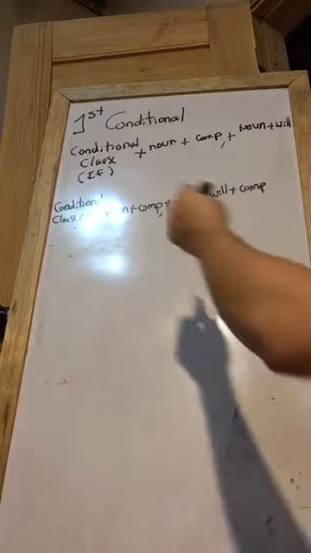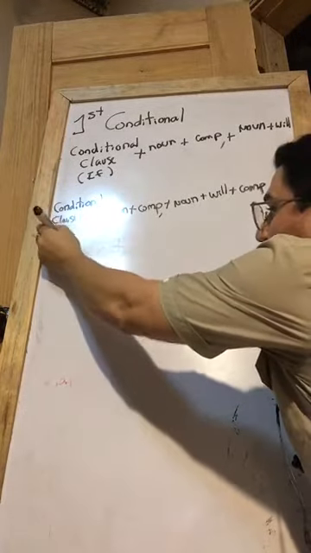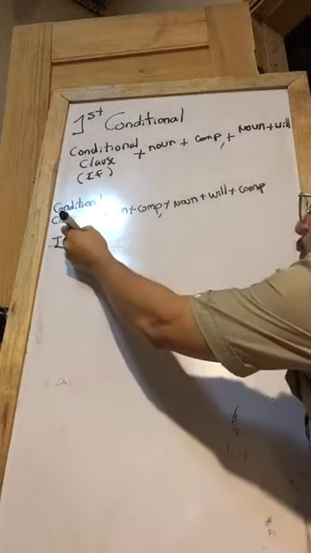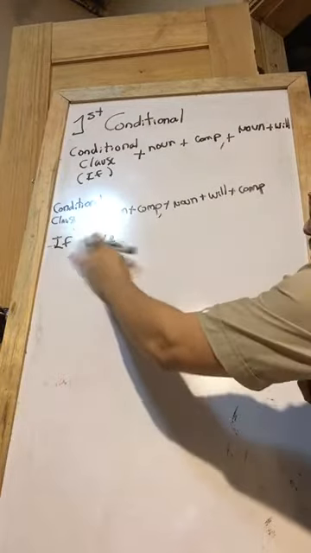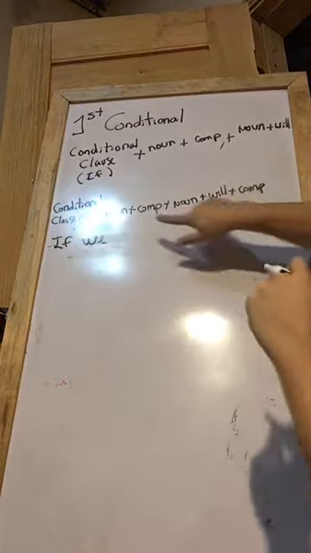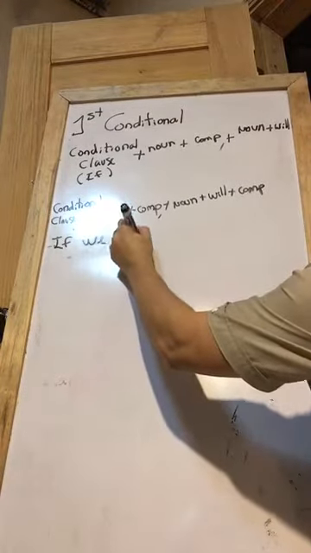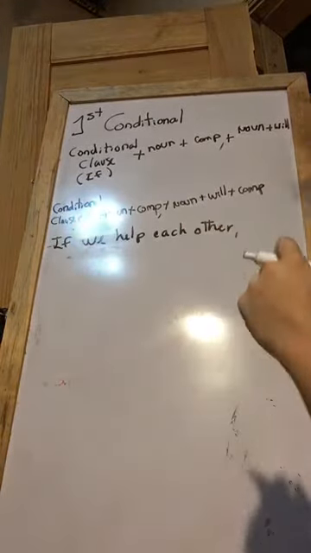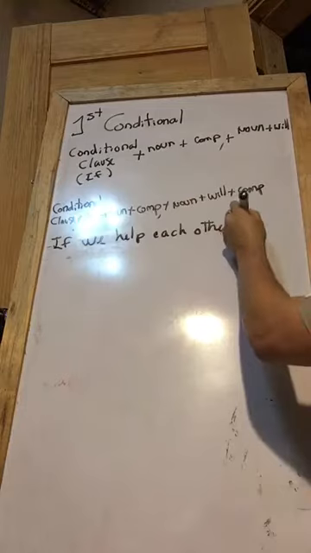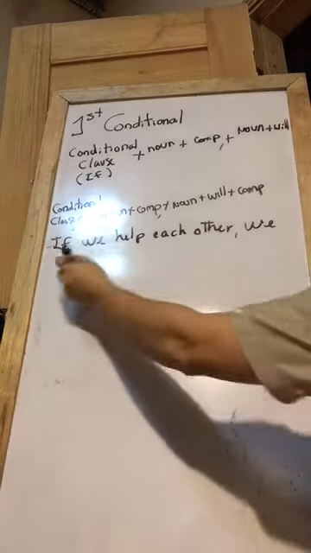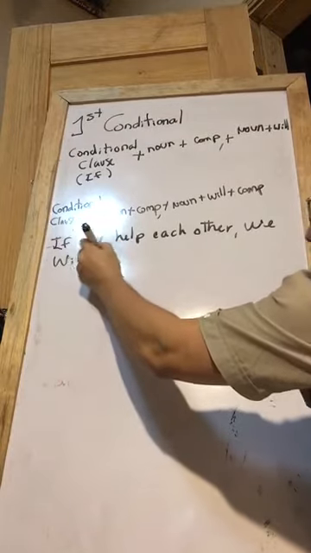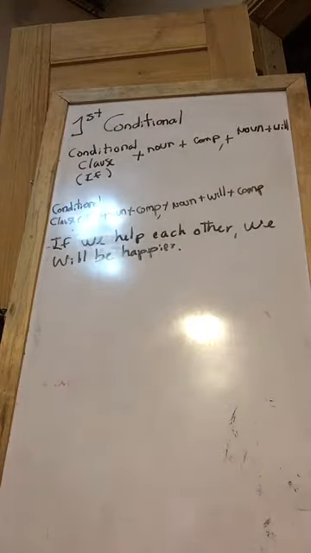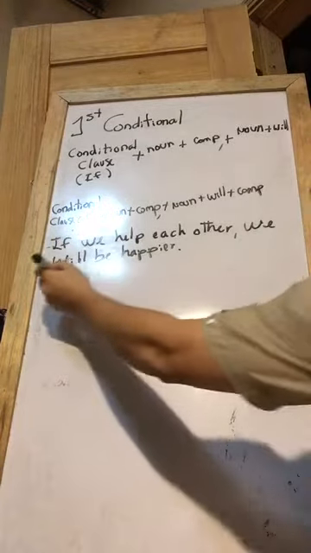So we said: clause if we, that would be my noun, if we, and then the complement would be help each other, comma, when we are starting our sentences with if, we, again, or noun, will be happier. Okay?